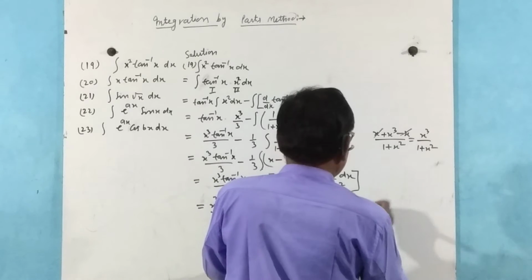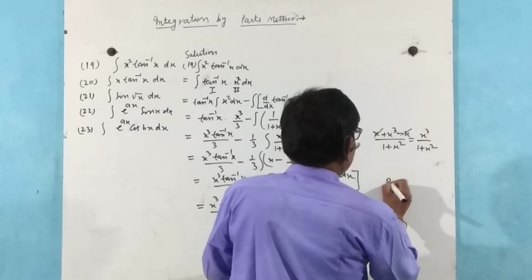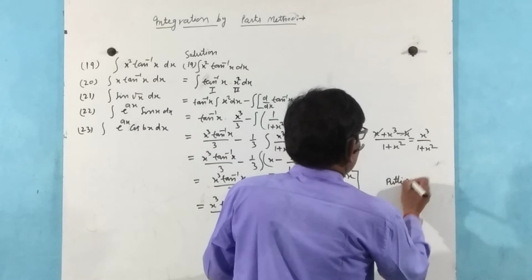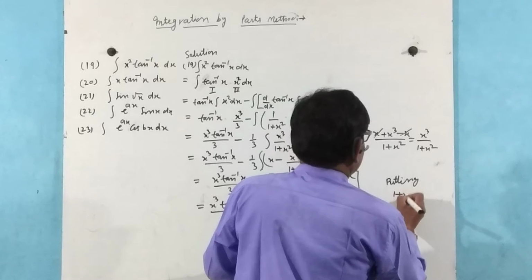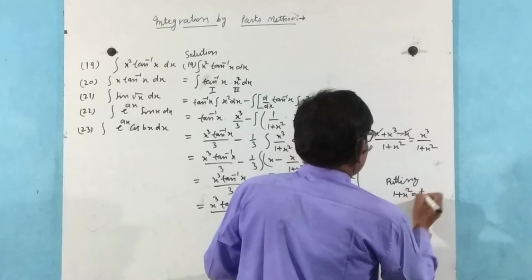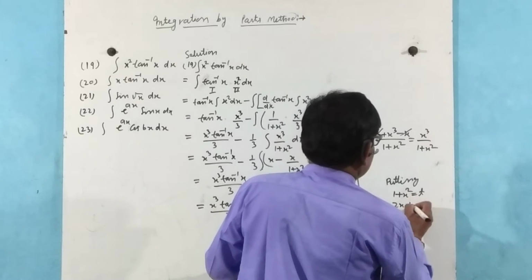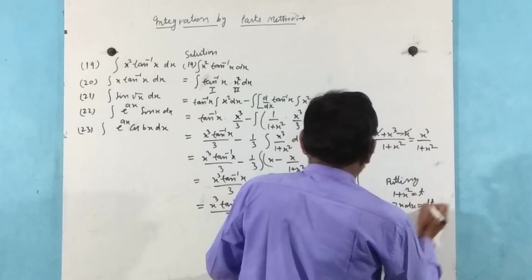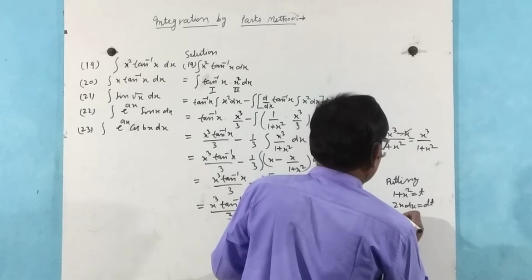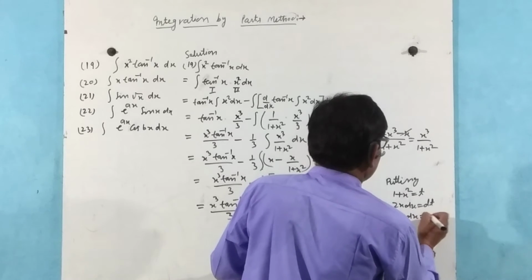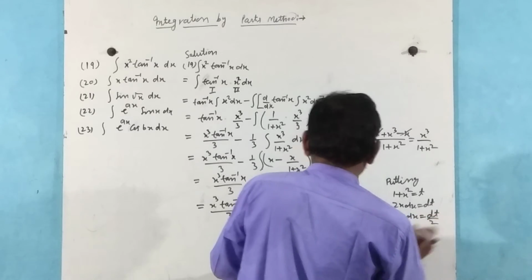Now putting 1 plus x square equal to t, so that 2x dx equals dt. It means x dx equals dt by 2.